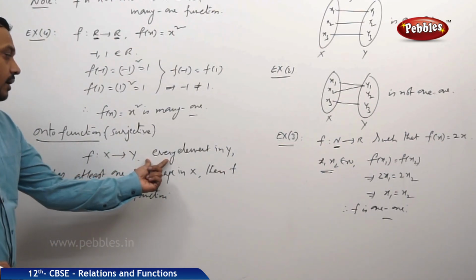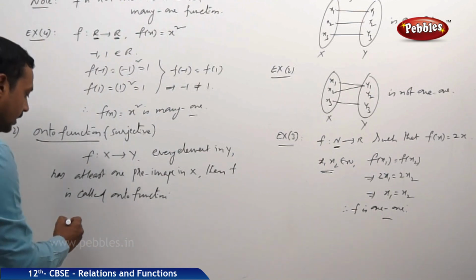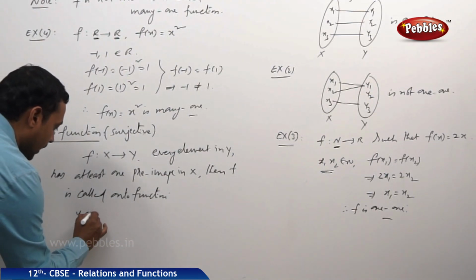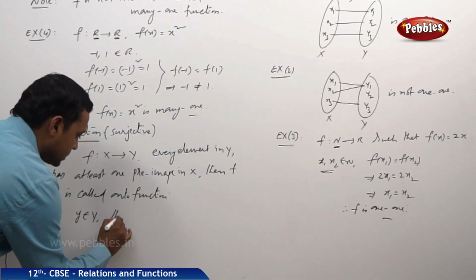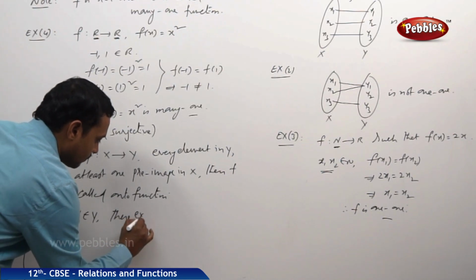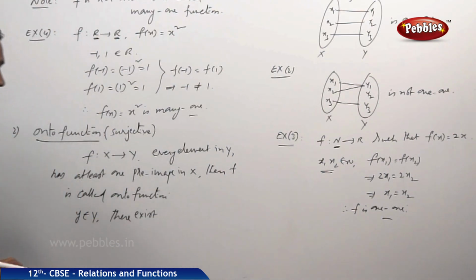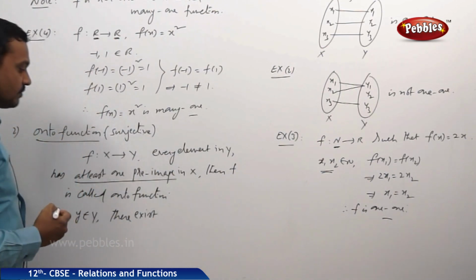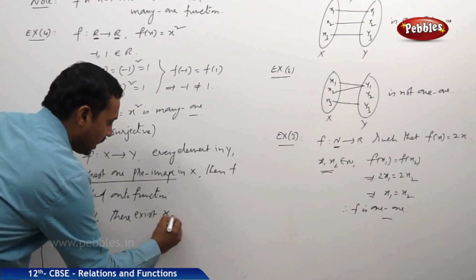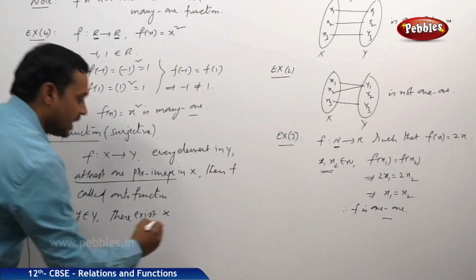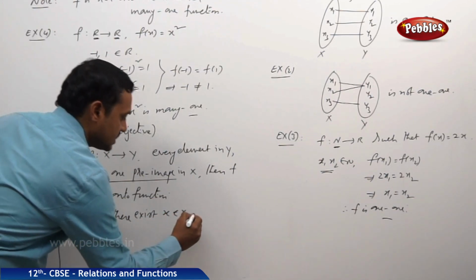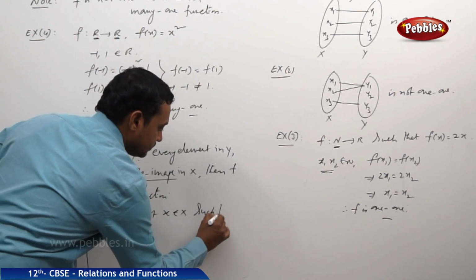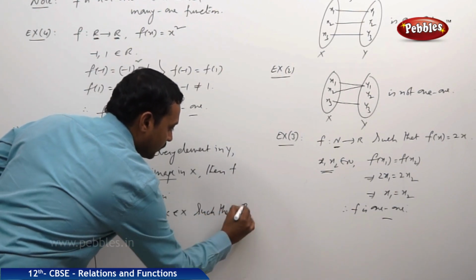Now, in another way, for every y belongs to Y, there exists at least one pre-image x belongs to X such that f of x is equal to y.